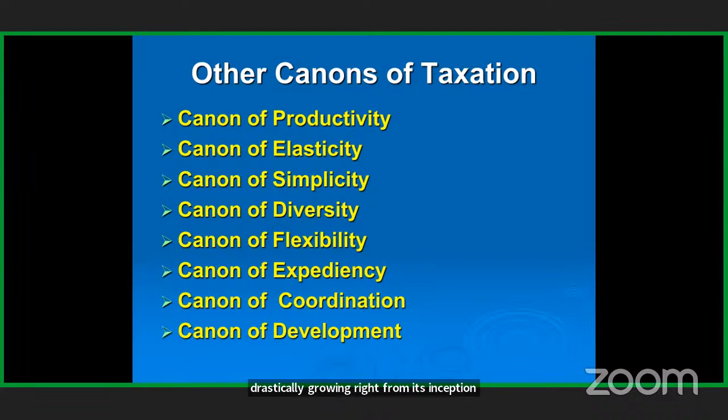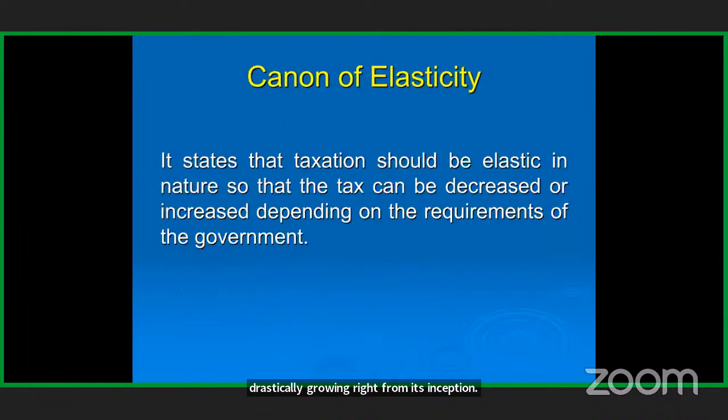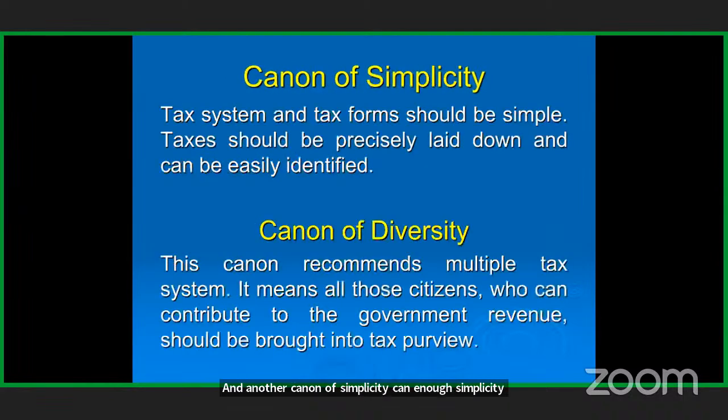And another canon is the canon of simplicity. Here the tax system and tax forms should be simple. According to this canon, taxes should be precisely laid down and can be easily identified by the taxpayers.